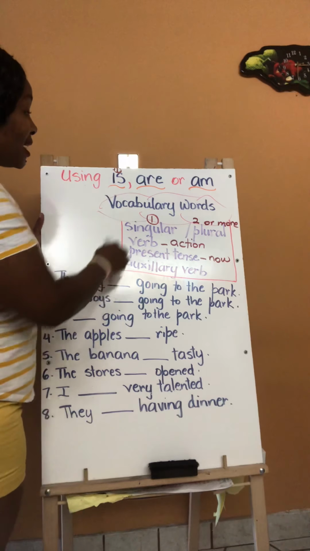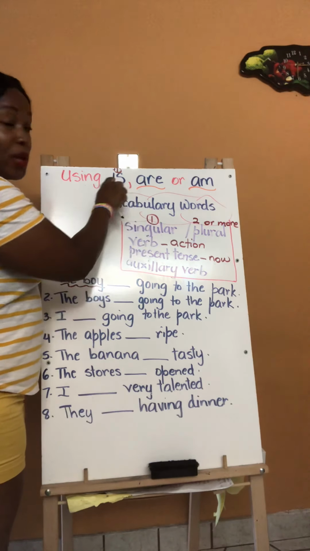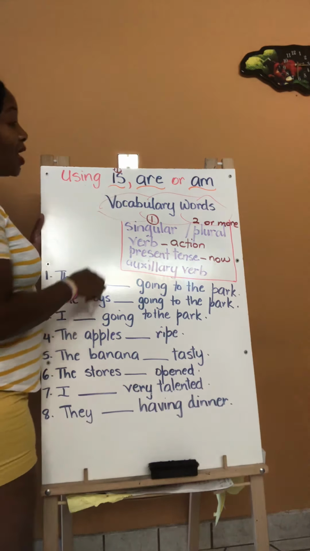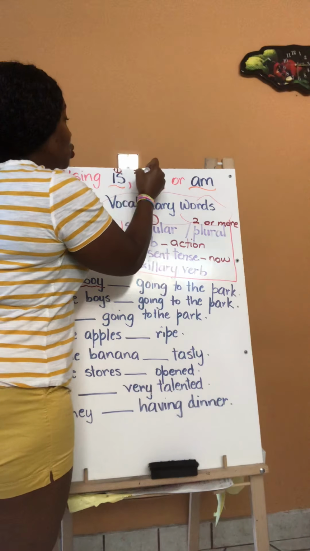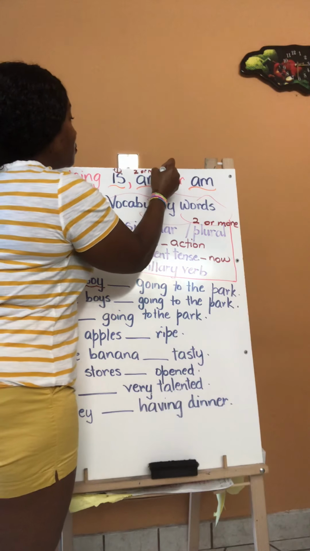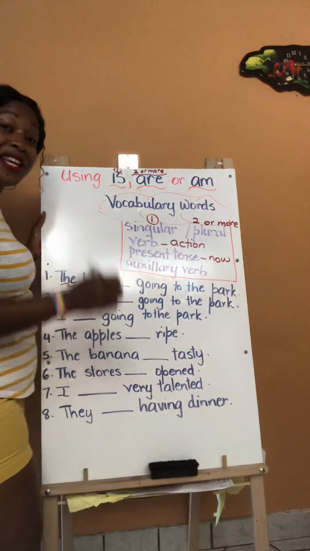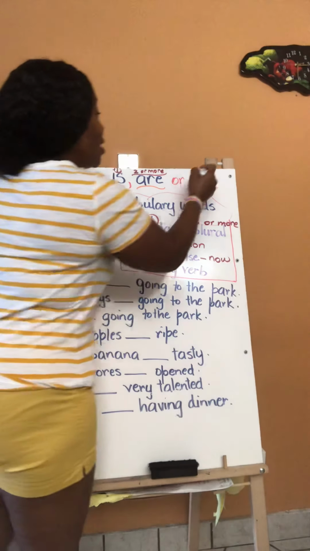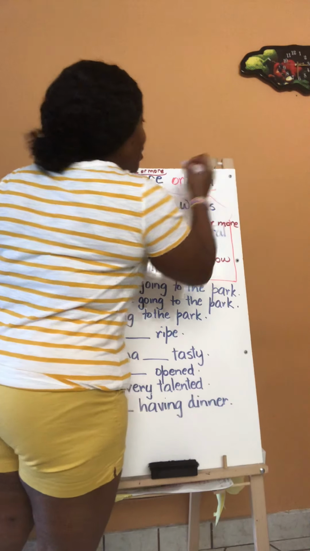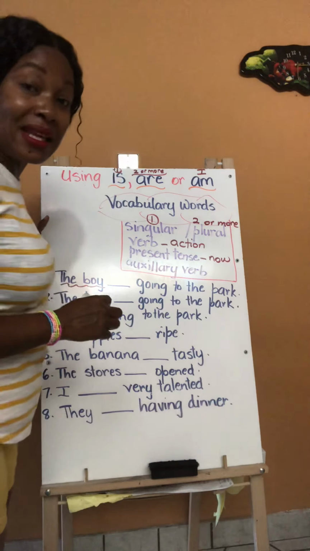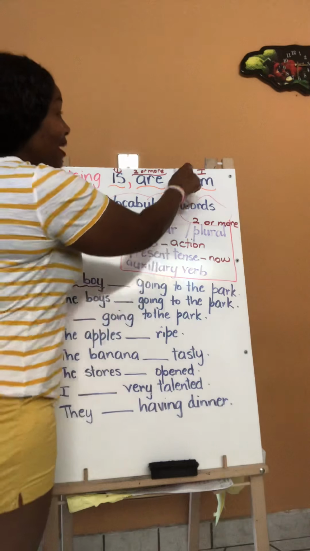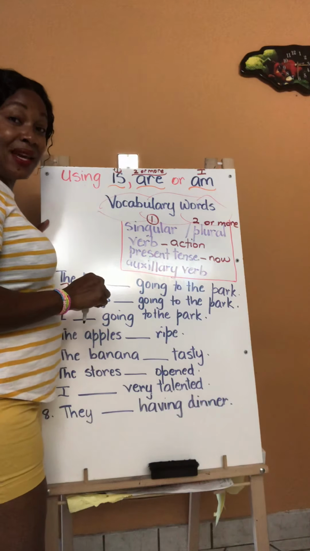So once we're thinking singular or one, we use is. Now are is used when we're referring to plural, more than one. So two or more, we use are. And then am is only used when we're using the word I. And yes, I said the word I because I in this case is a word.